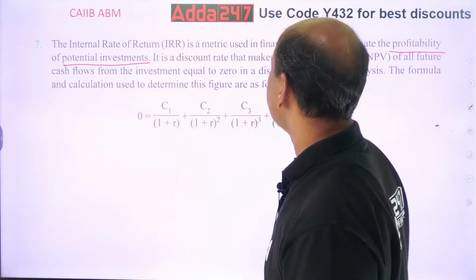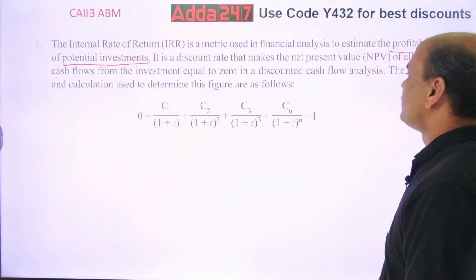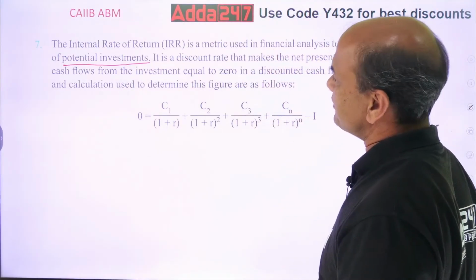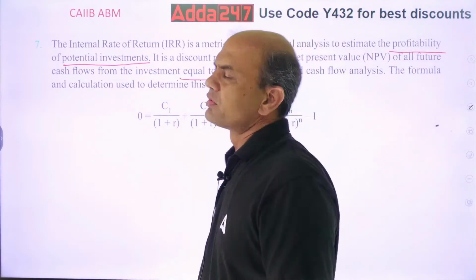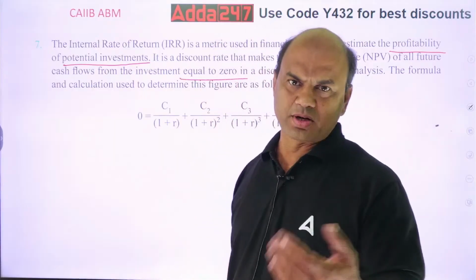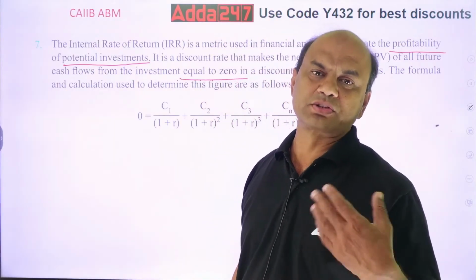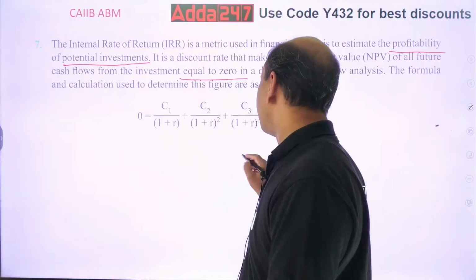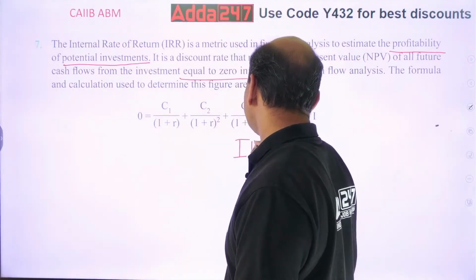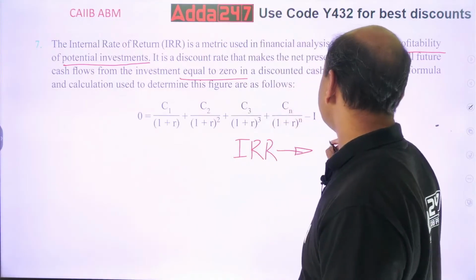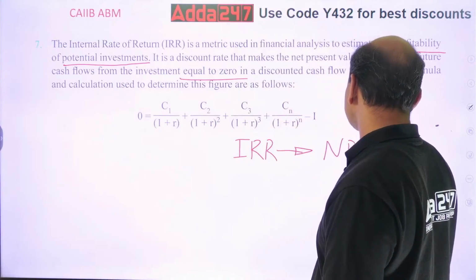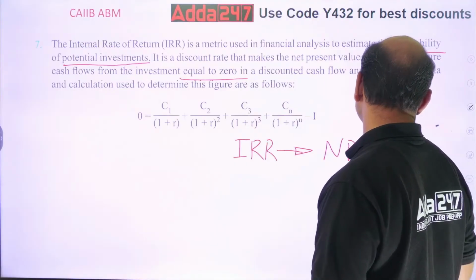It is a discount rate that makes the net present value of all the future cash flows from the investment equal to 0. So IRR is a rate of return at which NPV equals 0. Kindly note, IRR is the internal rate of return. It is the rate of return when net present value equals 0.